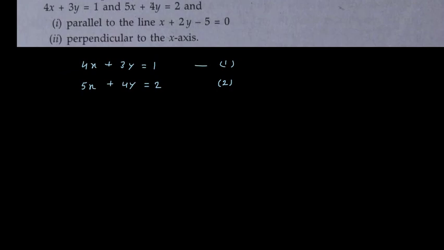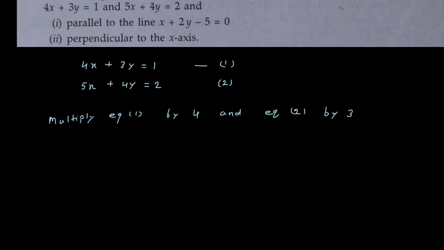So what we do? We multiply equation 1 by 4 and equation 2 by 3. I have to make the coefficient of one of the variables the same.